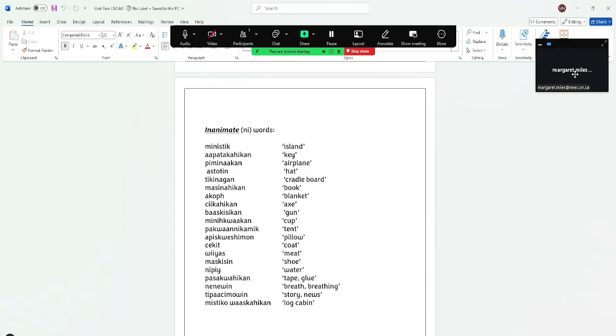Ininiimowin words can have a variety of elements called prefixes and suffixes attached to them to signal different meanings. A prefix is an element attached to the front of a basic word in order to add some kind of meaning. For example, nichiman, my boat, has a prefix ni added in front of the basic word, which is chiman.